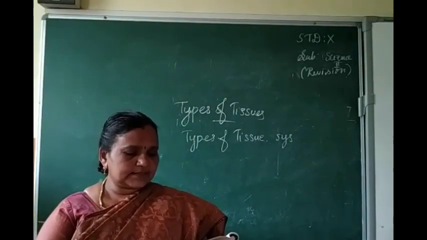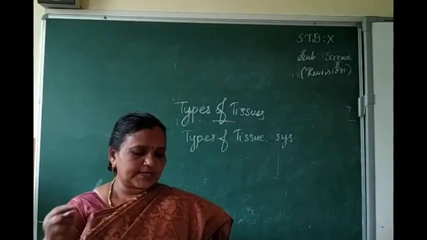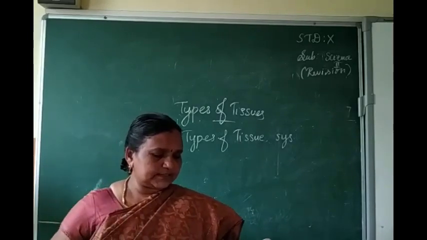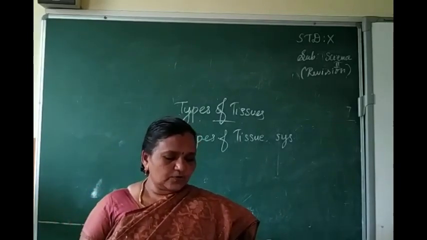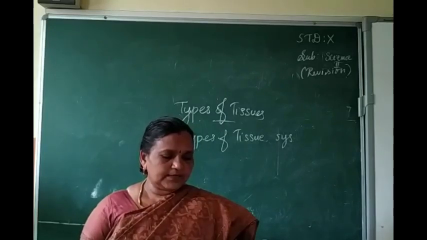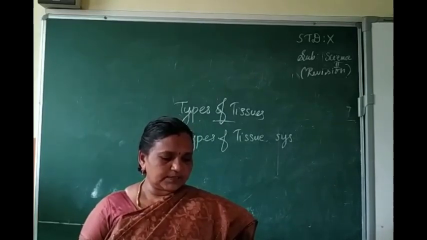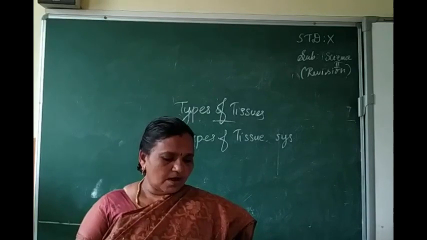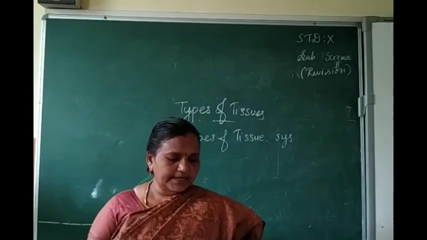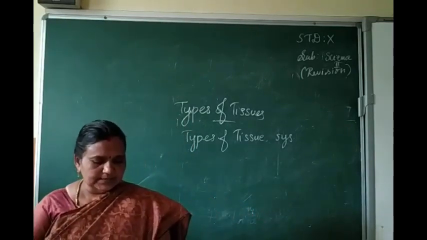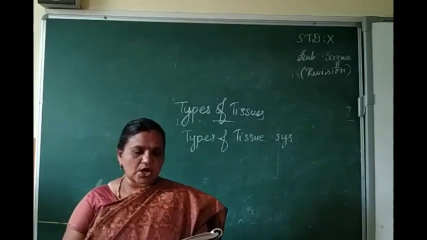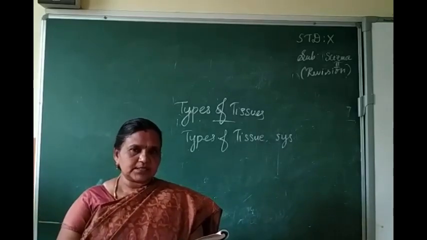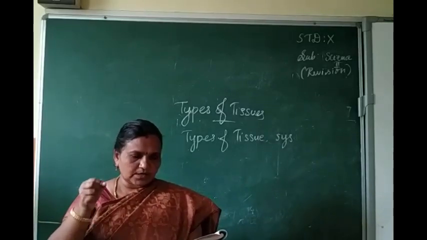The answer is, endodermis is the innermost layer. Page number 177, the endodermis, third paragraph: the innermost layer of the cortex consists of a single layer of barrel-shaped cells. These cells contain starch grains, so it is called the starch sheath. So what is starch sheath?